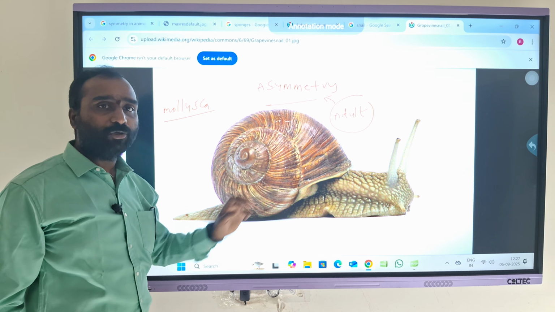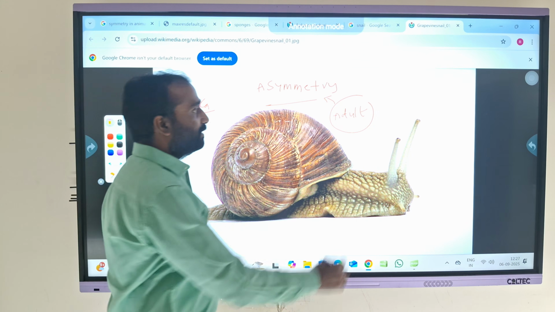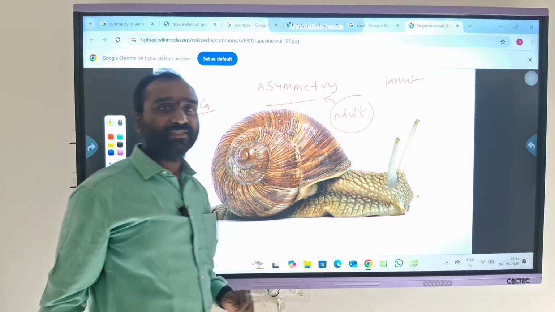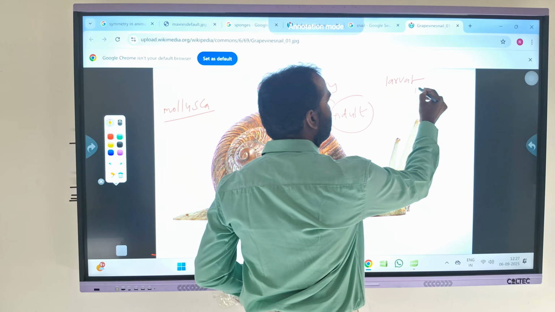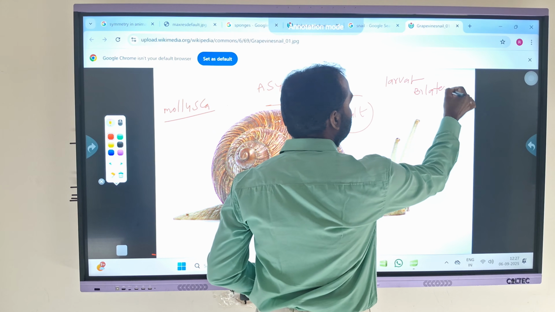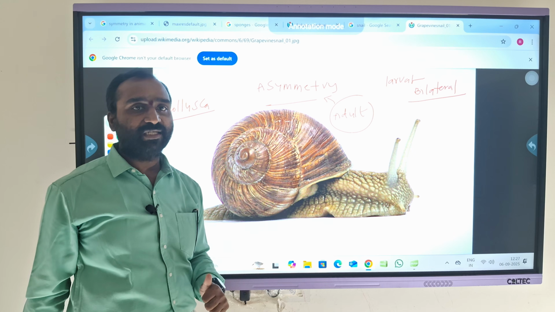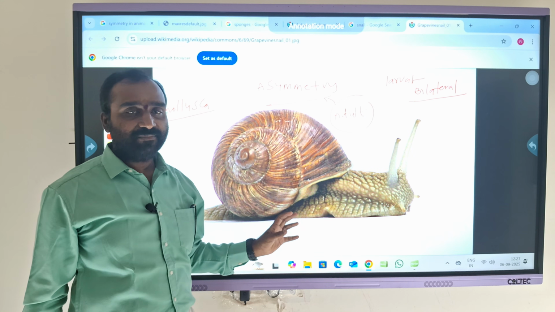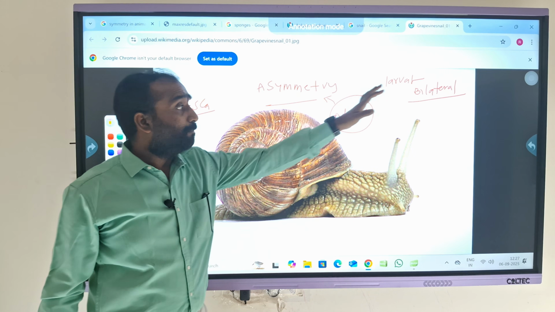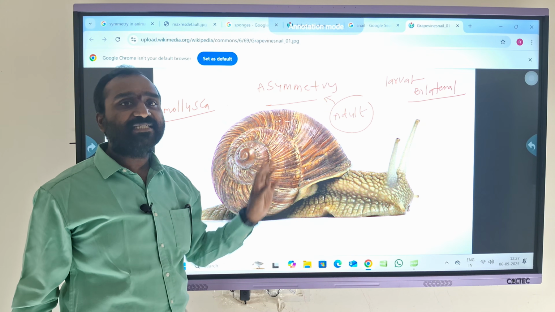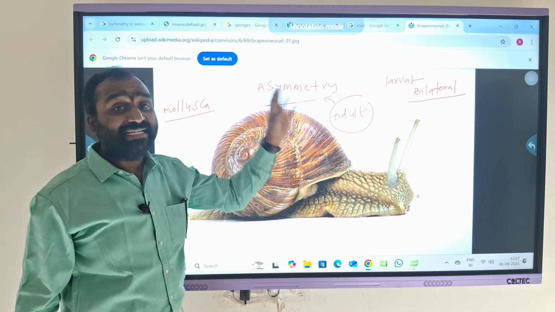Then what about this organism's larva condition? In the larva condition, as I have mentioned, that is bilateral symmetry, right? Two aspects as we discussed. The first one is what? During the larva condition it exhibits bilateral symmetry, and whenever it transforms into an adult, it exhibits asymmetry.